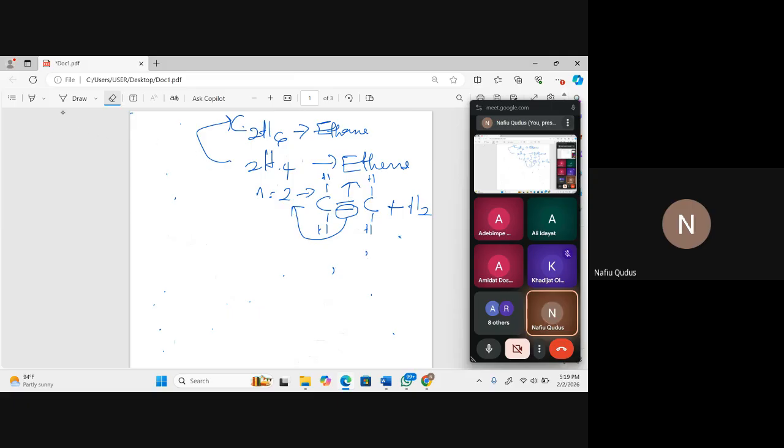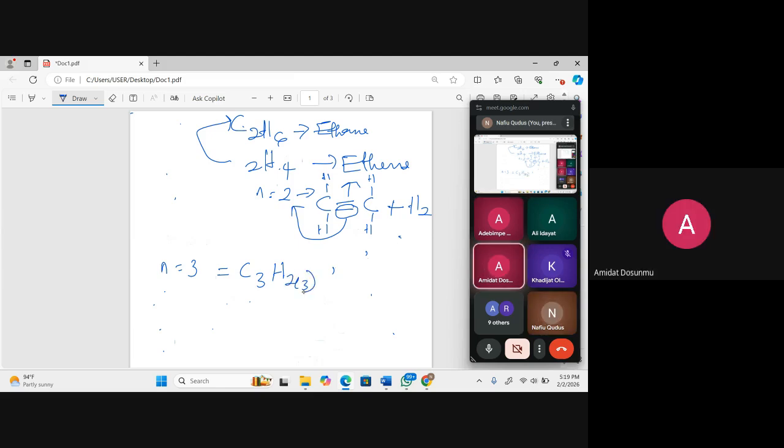So for the alkene that we are saying, that's number 2. Number 3, n equals 3, it will be C3H what? H2n, C3H2 times 3, that's C3H6.